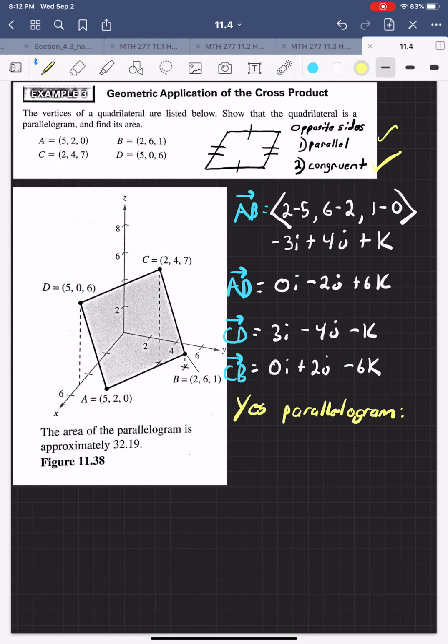And that's meaningful because if I take the magnitude of the cross product, that is going to equal the area of this parallelogram. But what am I taking? Let's make sure you understand. I have 4 vectors. What am I taking the cross product of?